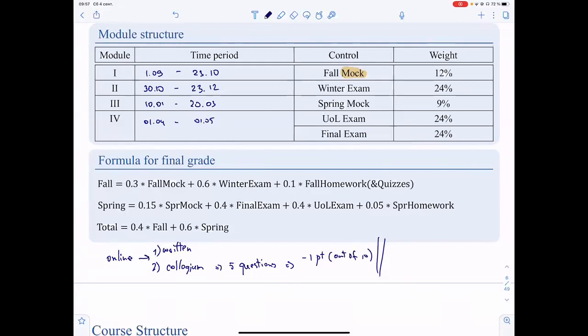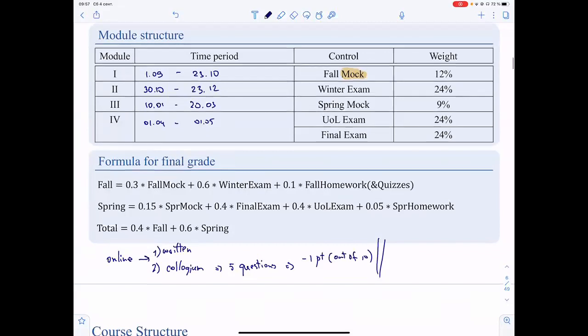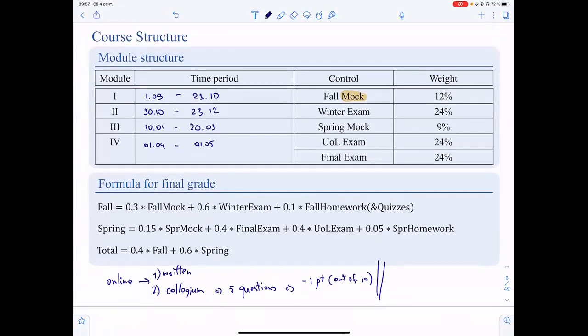Cheating is strictly prohibited. All of the homeworks, you might see their weight in the total mark score is not that huge. And I highly recommend you to do all of the homeworks yourself. You are allowed to share your ideas.